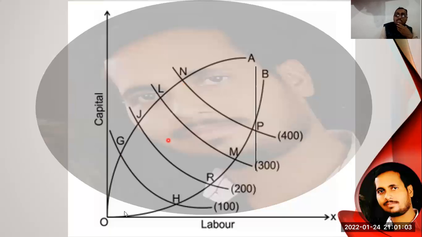It is explained by O and A as the first line and O and B as the second line. So the ridge line is the combination of two boundaries, OA and OB, where the producers settle for their production. So these are the basic points of the ridge line, student.